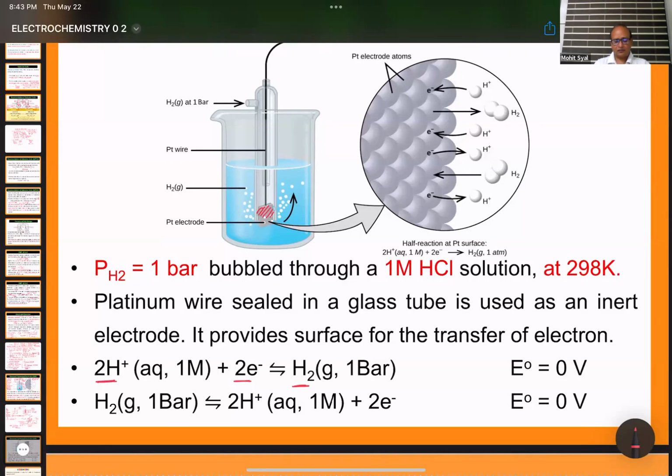Or vice versa. Hydrogen can lose the electrons and change to H plus. What is the electrode potential? It is assumed to be 0 volt.